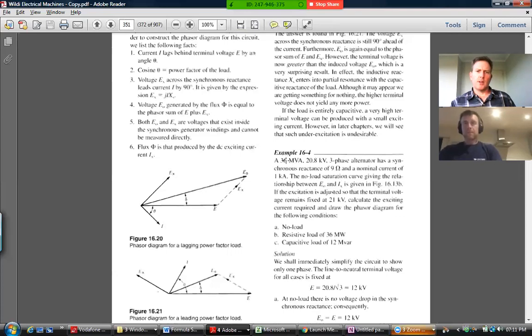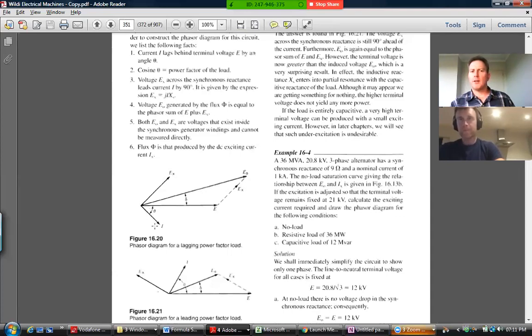Depending which they're doing, either way, you can get this amount of current for any given scenario, whether they quote it as MVA or kilowatts, or even an impedance, which would have a natural angle. Either way, you can get that angle and you can get that amount of current.